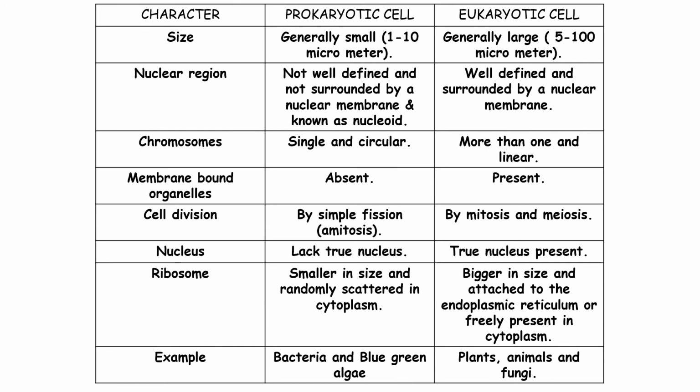If the ribosome is attached to the endoplasmic reticulum, that is called RER, rough endoplasmic reticulum, or sometimes it may be freely present in cytoplasm also. Ribosomes are very useful for synthesis of protein. For prokaryotic cell, the best examples are bacteria and blue-green algae. For eukaryotic cell, fungi, plants and animals.